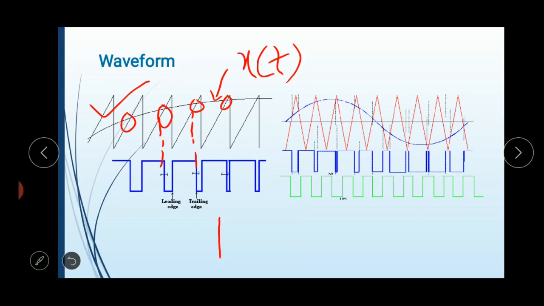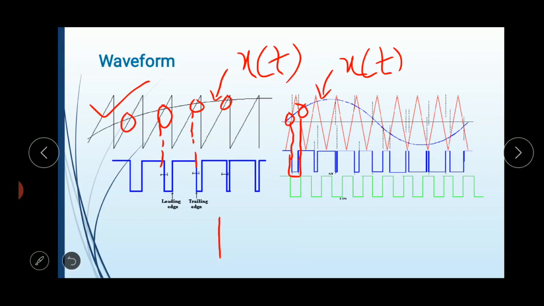If we use a triangular waveform in place of the sawtooth waveform, then both the edges are changing or modulated. See here, when x of t crosses the lines on both sides of the waveform, from that point we map the lines down and draw the pulses.